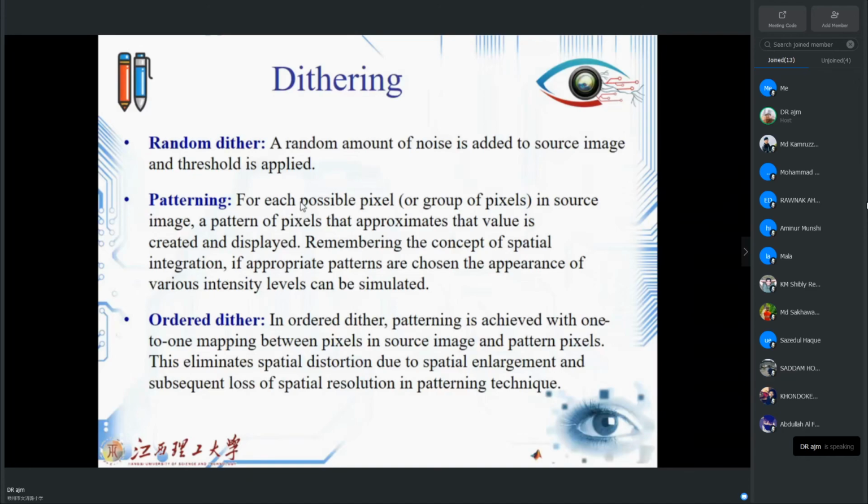Remembering the concept of spatial integration, if appropriate patterns are chosen, the appearance of various intensity levels can be simulated. Ordered dither, in that patterning, is achieved with a one-to-one mapping between pixels in the source image and pattern pixels. This eliminates the spatial distortion due to the spatial enlargement and subsequent loss of spatial resolution in the patterning technique.